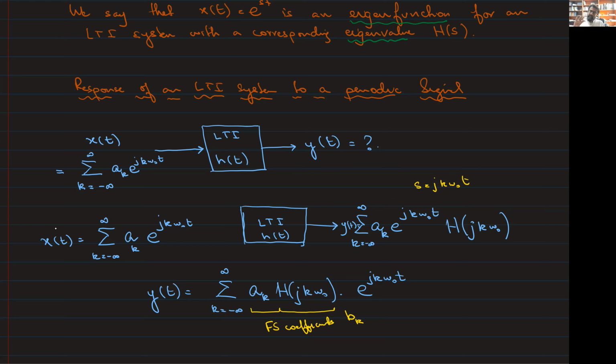However, the Fourier series coefficients, whether they're smaller than earlier or bigger than earlier, depend on what h is, or on what the LTI system is, right? So the output indeed depends on what the LTI system is, or what the impulse response of the system is, but the periodicity is still there and the period stays the same as well.